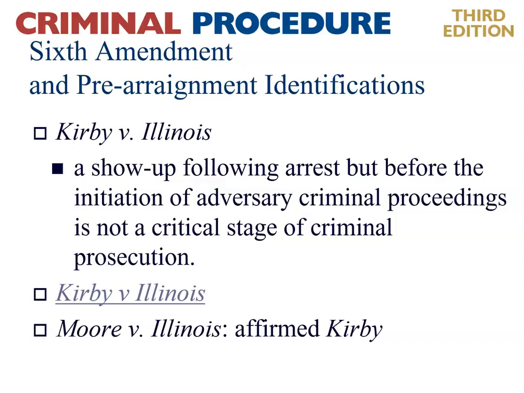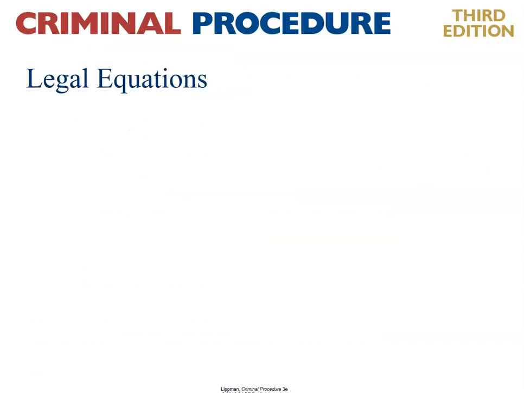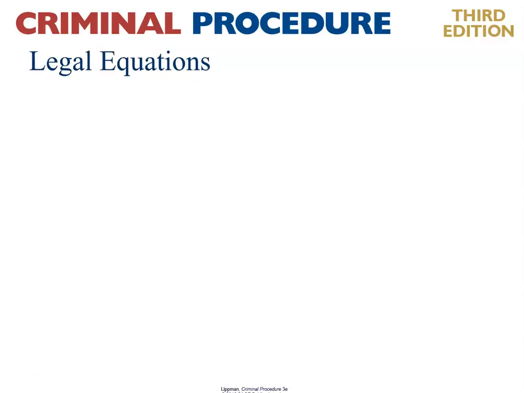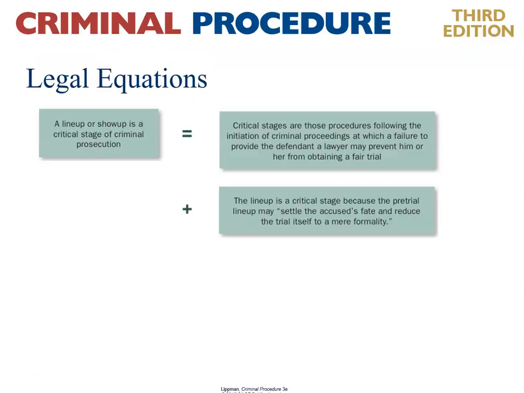And another case that came along shortly after that would be the Moore versus Illinois case, which basically had the same outcome. So here's the legal equation, and a lot there. Let me back up. It talks about a lineup. Here again we have the critical stages, and why the lineup is a critical stage.